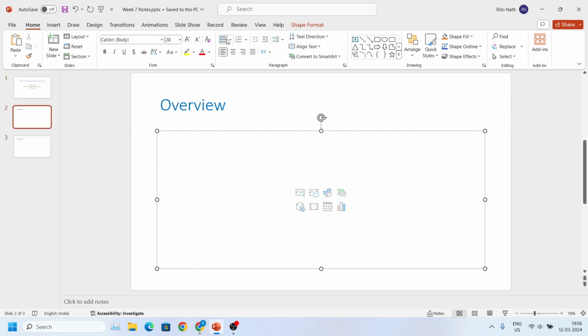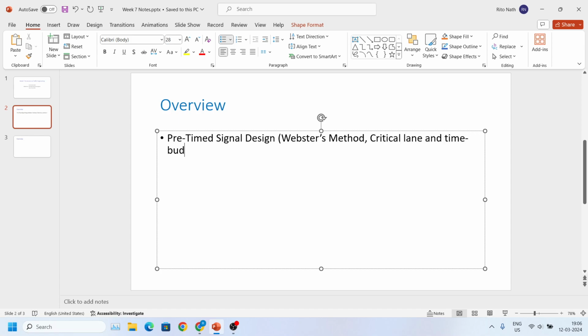The topic that will be covered today is first pre-timed signal design. In this context, there are different things that will be discussed. One is obviously Webster's method. Then there are two concepts: critical lane and time budget concepts.